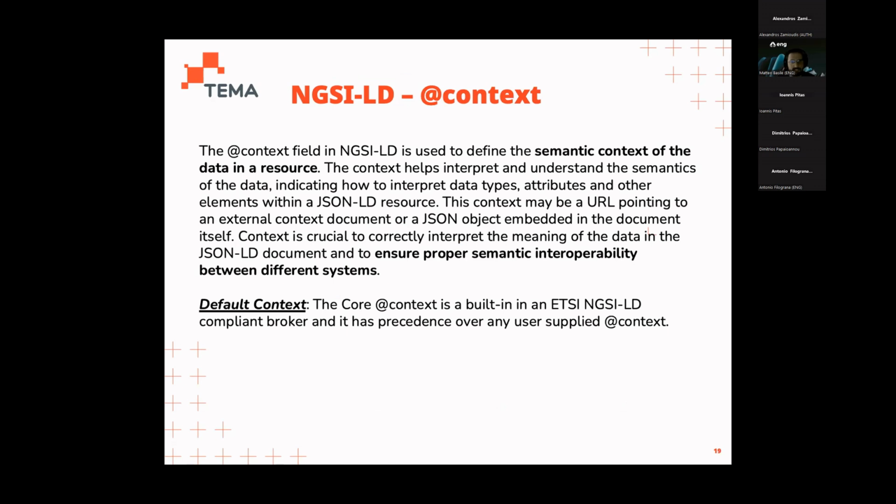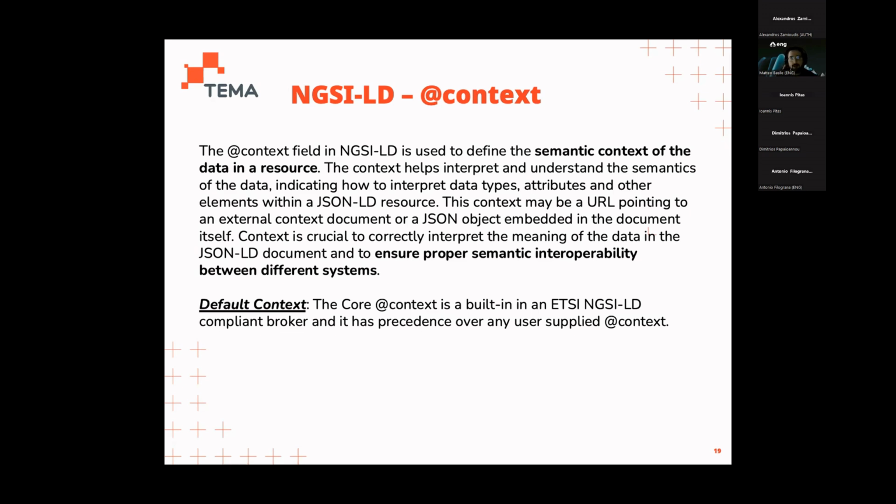Then I go fast here because we already talked about the context. The context field in NGSI-LD is used to define the semantic context of data. We talked before about JSON-LD. NGSI-LD is using JSON-LD, and then we have the context in NGSI-LD data. And by default, we have the context that I showed before, but we can define a customized context.